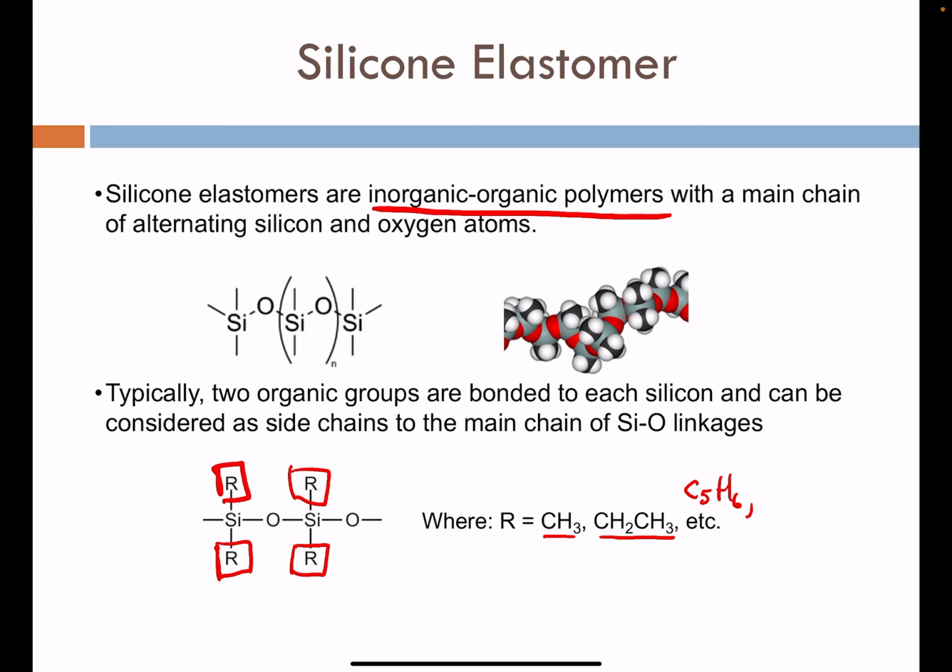Or later in the lab, we'll see a vinylic group, so bonded to a carbon bearing a double bond and a hydrogen. So this functional group, called the vinyl group, will be key to a hydrosilylation reaction for cross-linking and setting the shape of the silicone polymers in this lab.